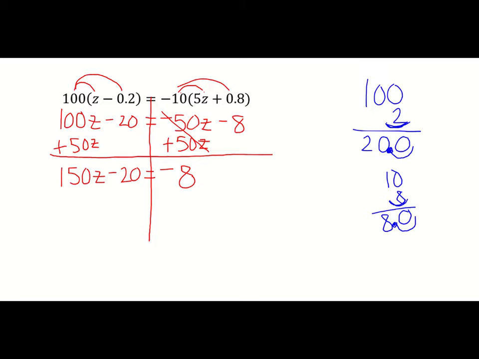And now it's just a two-step. So get 150z by itself. We'll add 20 to both sides. So we have 150z. And 20 minus 8 is 12. And then divide 150.